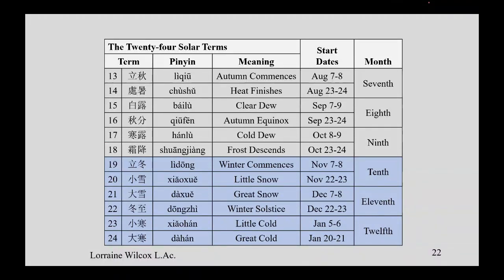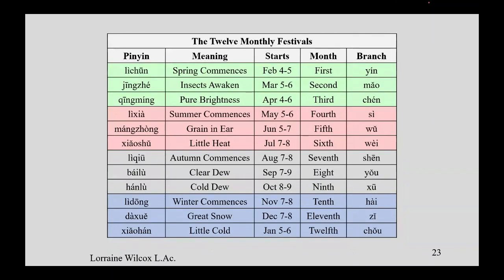So these are sometimes used in calculation methods. This is just, again, to show you the 12 months if you're using the solar calendar, not the lunar calendar. I'm going to make another video to talk more about the lunar calendar. So this is the 12 months of the year if you're using the 24 Jieqi to make months.